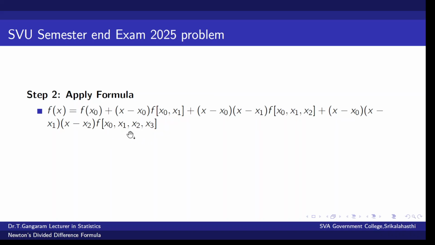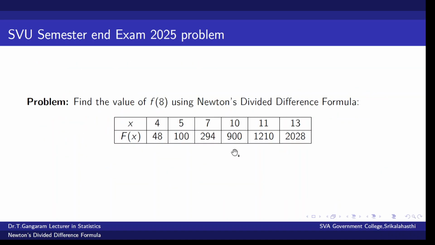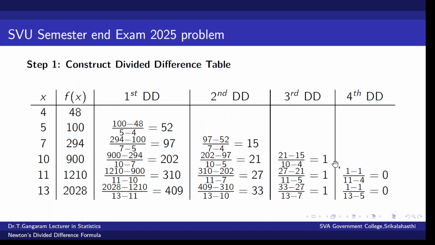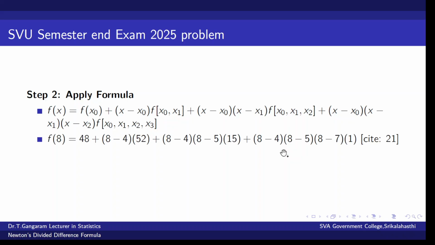So f of x0, x1, x2, x3 is 1 here, 1 here. So approximately this is equal to 448.